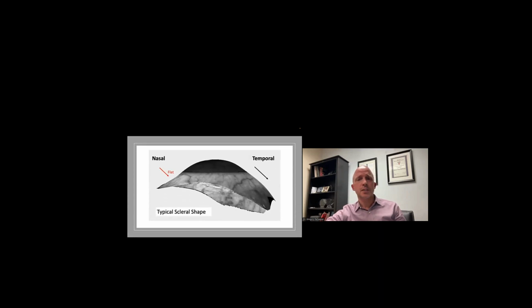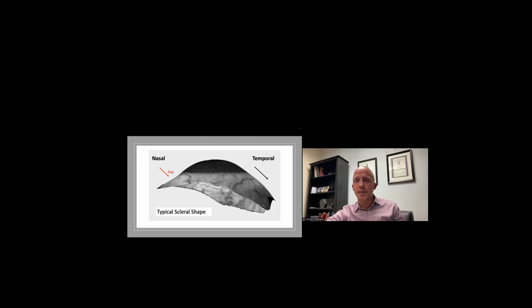This isn't actually much different than what we see for a typical scleral shape, where there can be asymmetry between the nasal and temporal quadrants. So for this patient, the nasal quadrant is very flat relative to the temporal quadrant, so the lens is going to slide temporally.